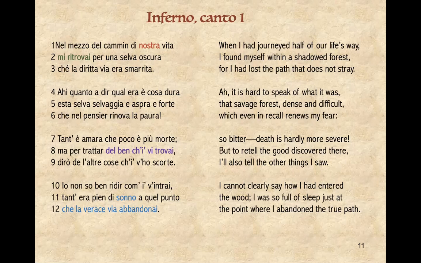But at the same time, the first line says, when I had journeyed half of our life's way. Okay, so what is this? In the olden times, there was this idea that the span of human life was on average 70 years. And so 35 years would be the half of that span.